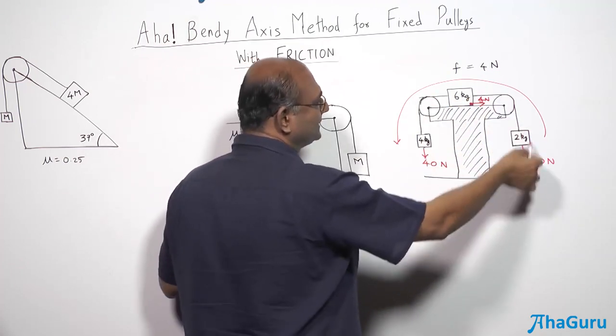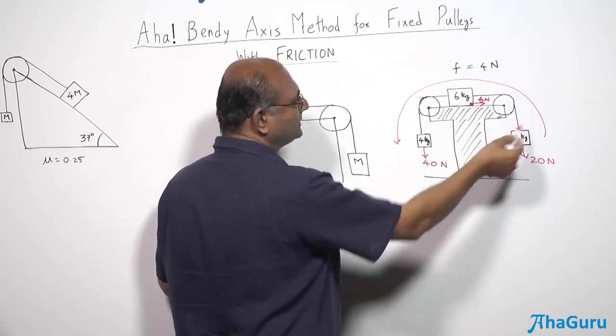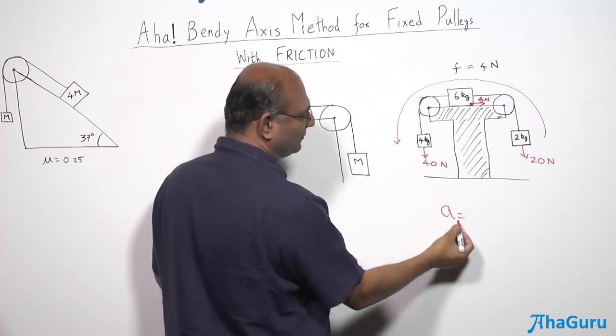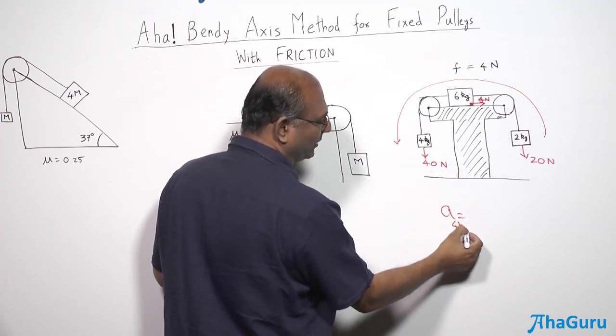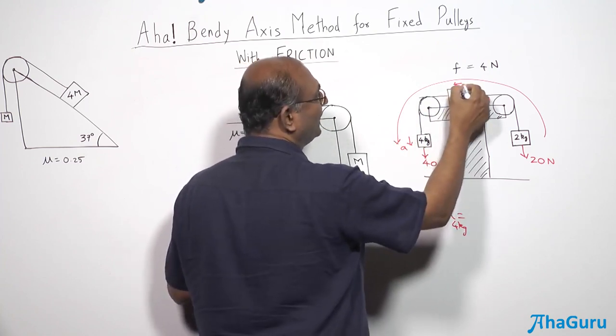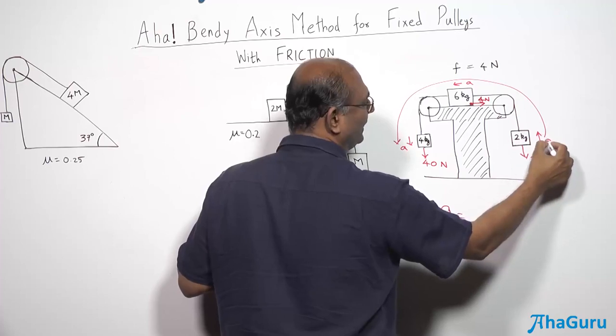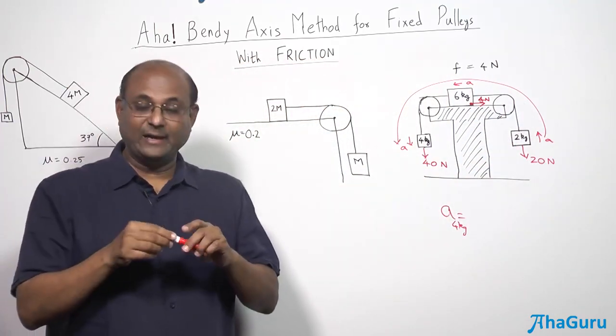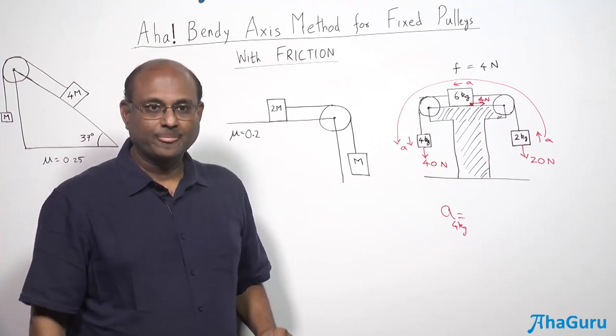So if I now take this, what is the net force in this direction? So if I just directly want to find the acceleration of the 4 kg block, let's say I want this fellow's acceleration is A. Remember, the bendy axis only works if all of them have the same magnitude acceleration.